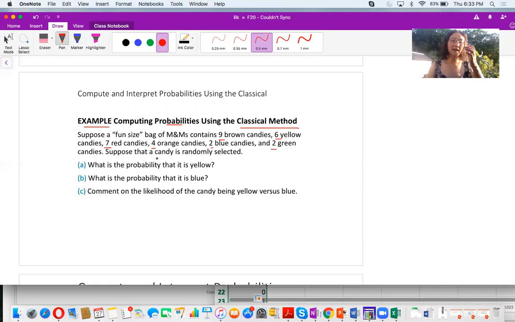Suppose that a candy is randomly selected. Question A, what is the probability that it is yellow?